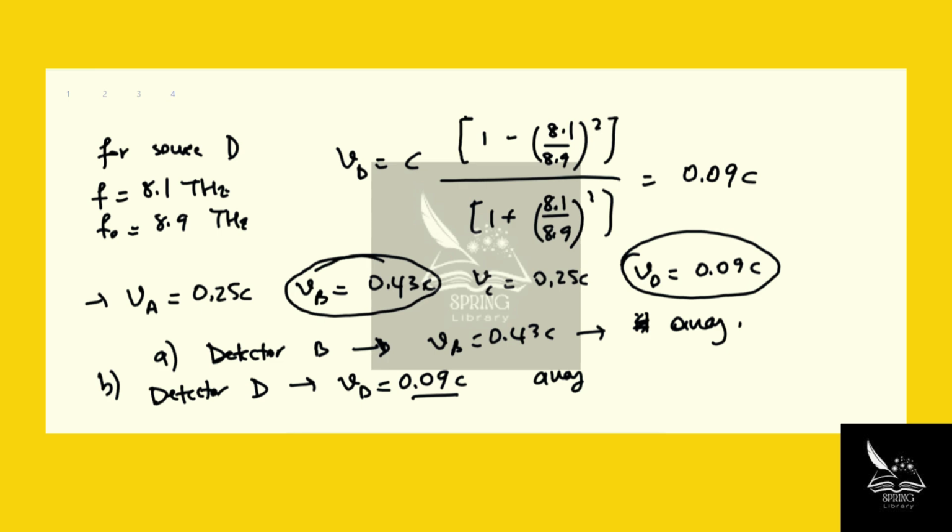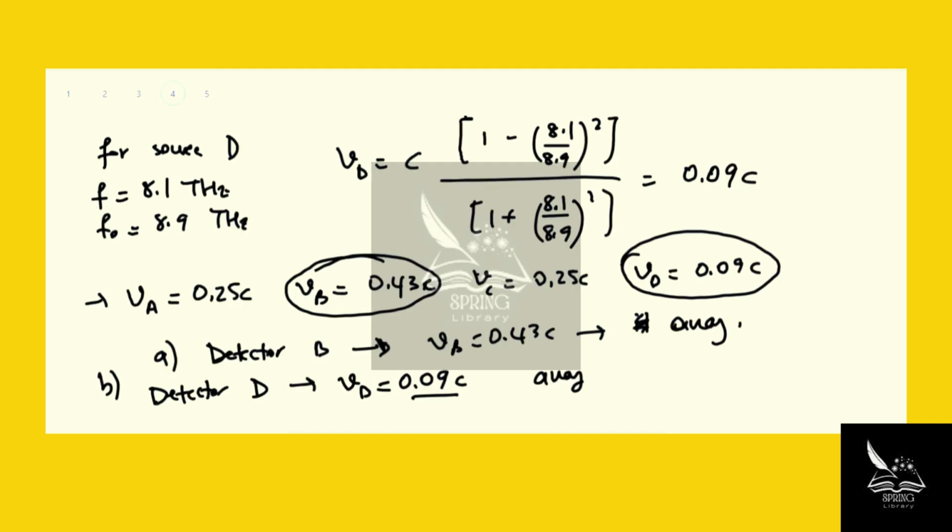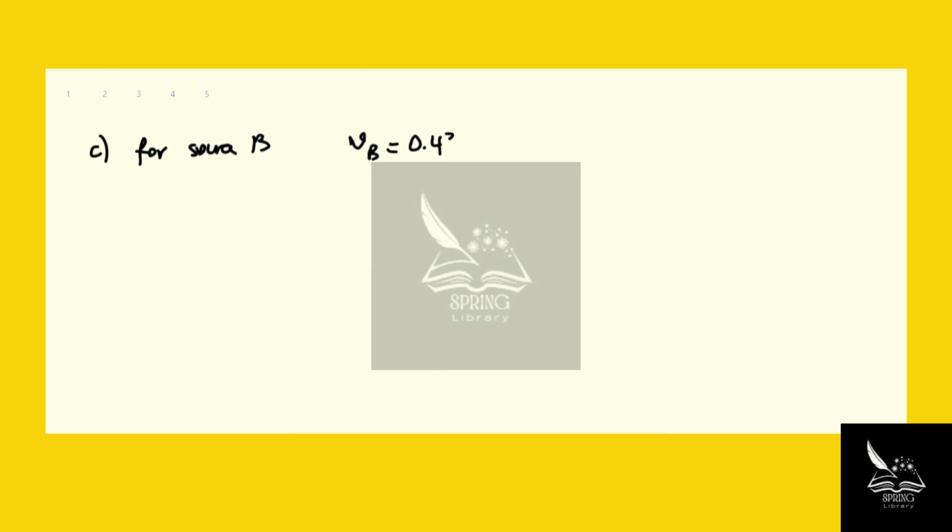Now part C is asking for something else. In part C, we are asked to calculate the frequency for source B. What frequency would your detector measure if the source were moving at the same speed relative to the detector, meaning V_B, which was 0.43 c, but rather towards the detector than away from it?